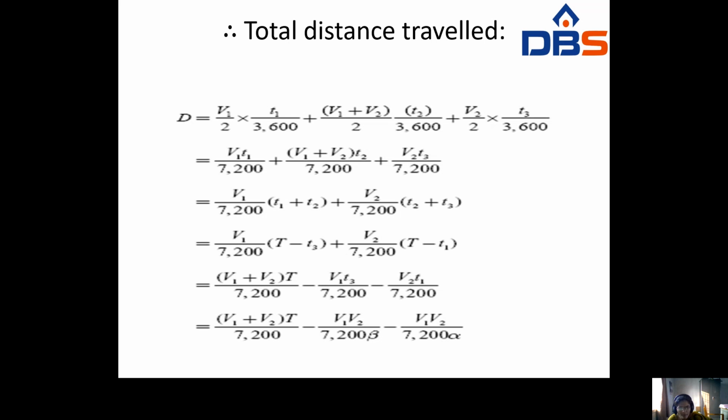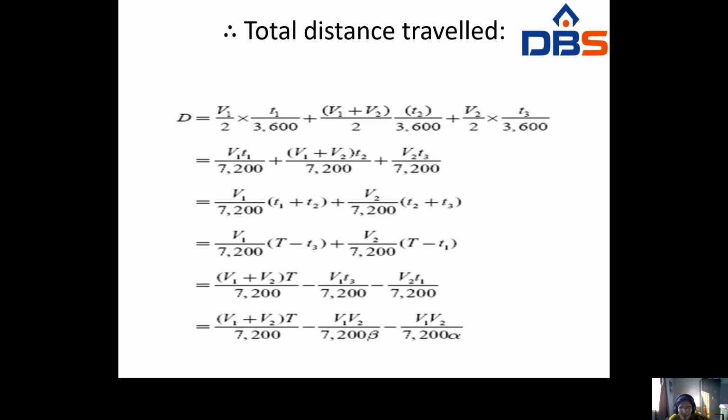So taking capital T by 7200 common, you write V1 plus V2 of T by 7200, and the remaining terms are minus V1 T3 by 7200, similarly minus V2 T1 by 7200. Okay, are you understood?